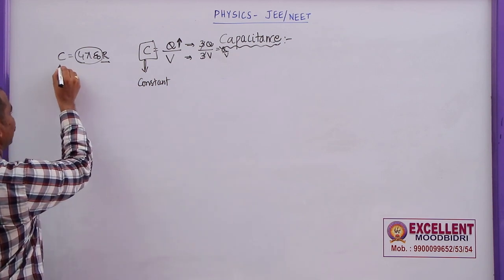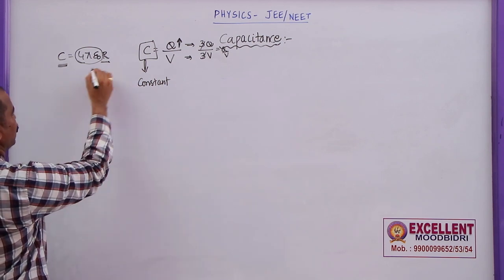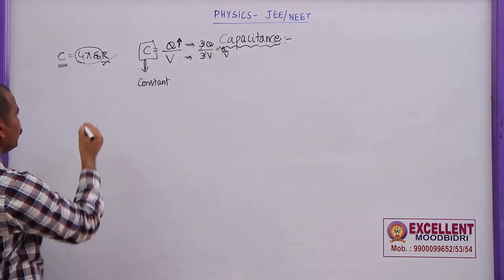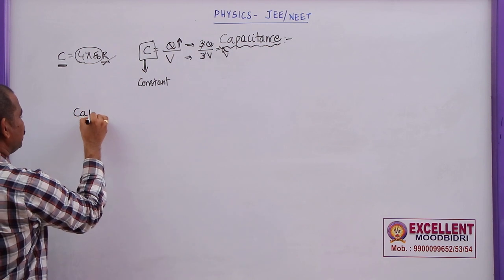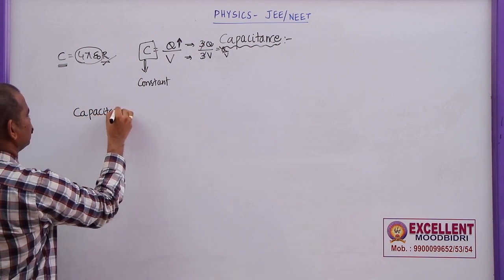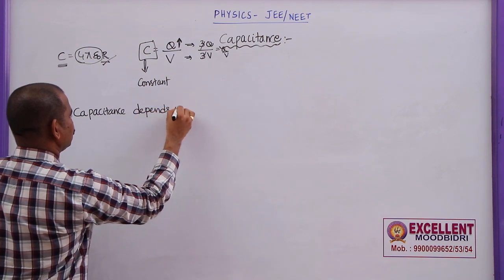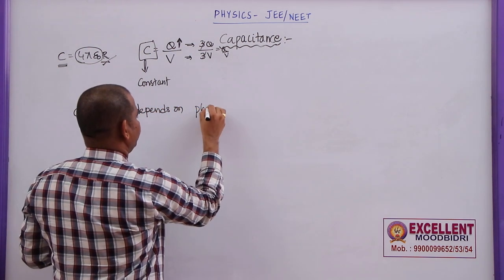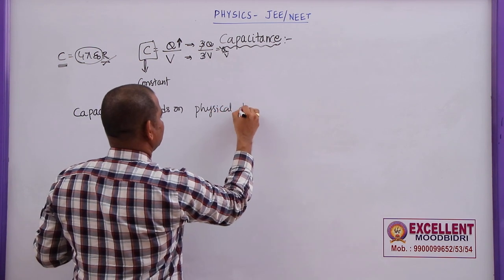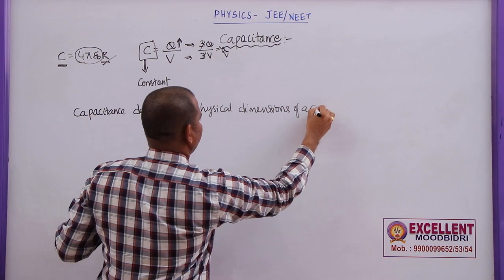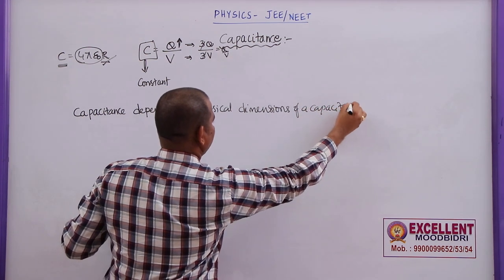But what are the factors that affect the capacitance of a body? In this case it only depends upon the radius of that sphere. So capacitance depends on the physical dimensions of a capacitor or a conductor.